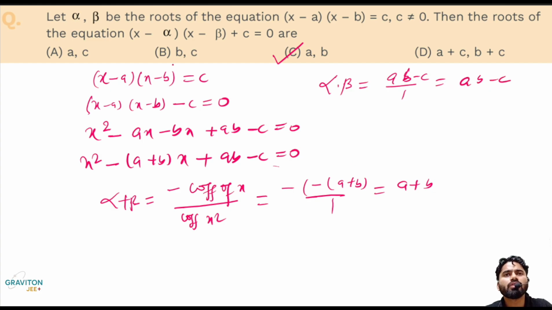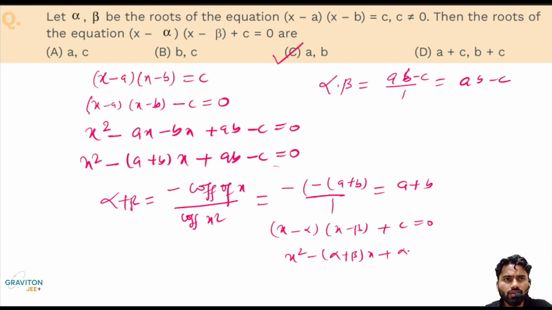Now if you want to calculate the root of the equation (x minus alpha) into (x minus beta) plus c equal to 0, multiply this out: x square minus (alpha plus beta) into x plus alpha beta plus c equal to 0.